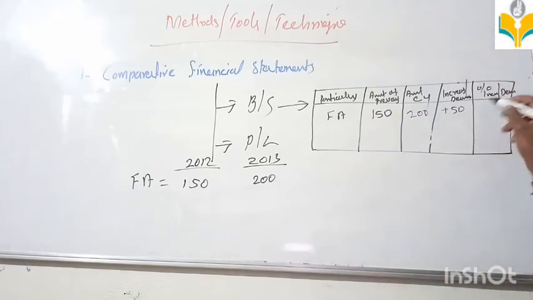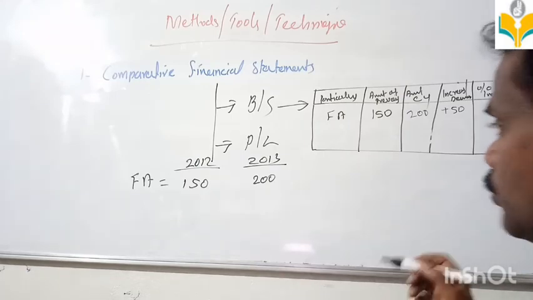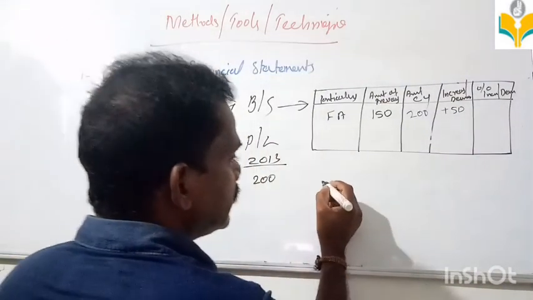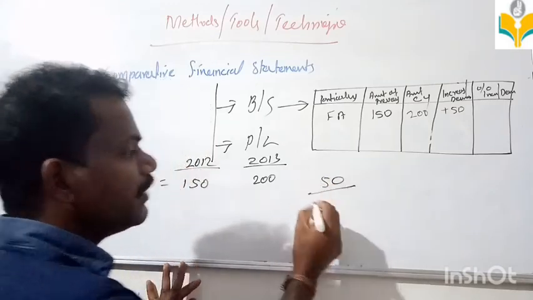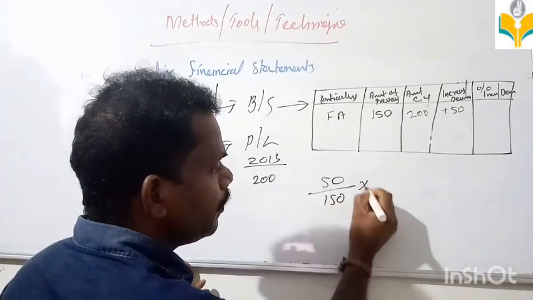Then percentage of increase or decrease. How to calculate the percentage? The change, increase or decrease amount, divided by previous year's amount, into 100.